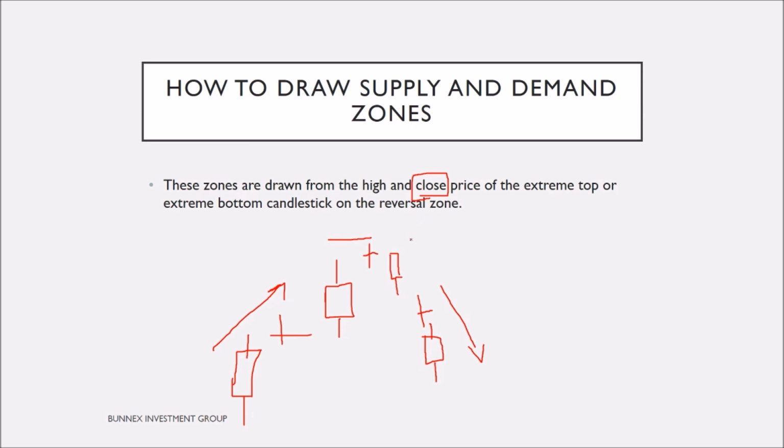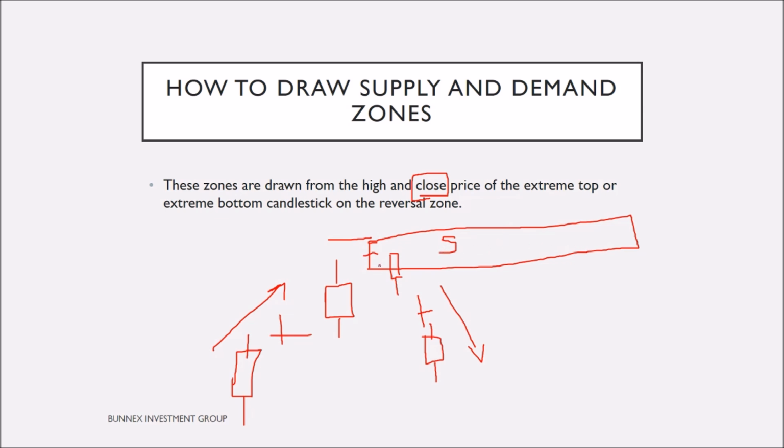This was supposed to be low. So in this case, this is the extreme candlestick, and this is the highest price and lowest price of the extreme candlestick. That is where we draw using our rectangle from. Therefore, creating a supply zone. This becomes a supply zone.